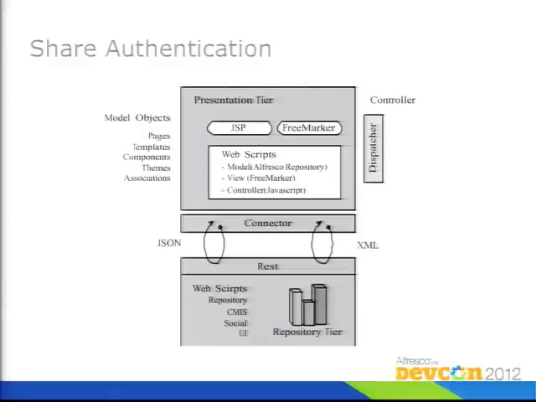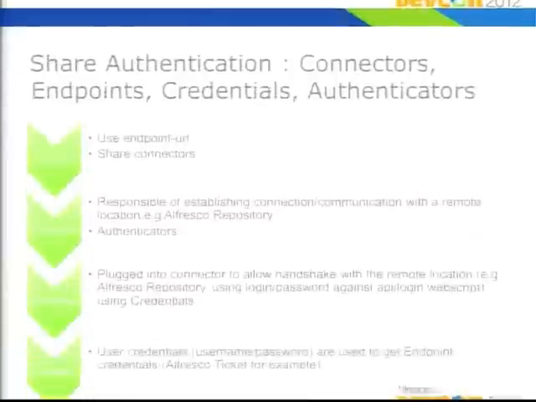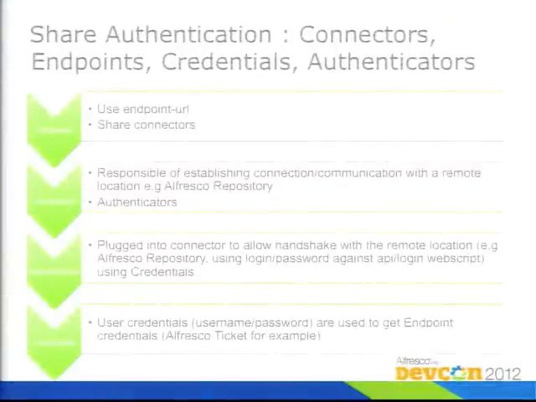So in order to communicate with the repository, Share needs to get authenticated on the repository in order to ask for documents, for permissions, for all the stuff that is exposed in our collaboration application. To get this authentication working, we use connectors, which are components defined on the Surf framework side. And I will be discussing this in deep detail in this slide.